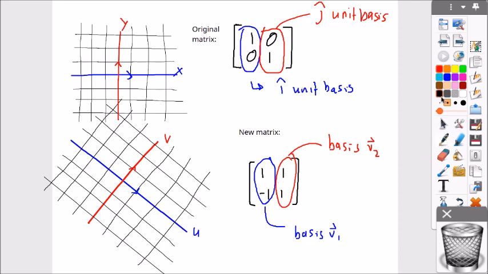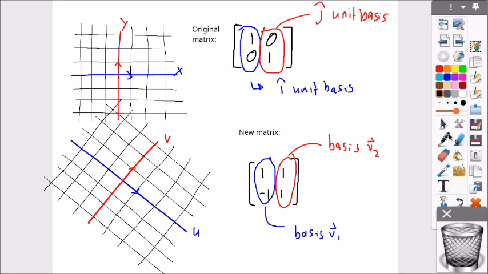So what is happening? Well, this is the original matrix. This is the first unit basis vector, 1, 0, the i unit basis vector, which goes in the x direction. The j unit basis vector goes in the y direction, 0, 1. That's the second vector. Now, you don't usually see vectors written like this. You usually see them written like this, 1, 0, and then 0, 1. But that's just another way people write vectors.